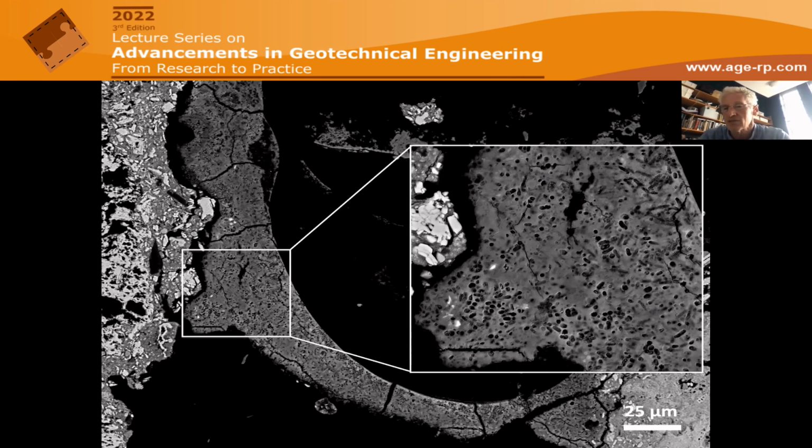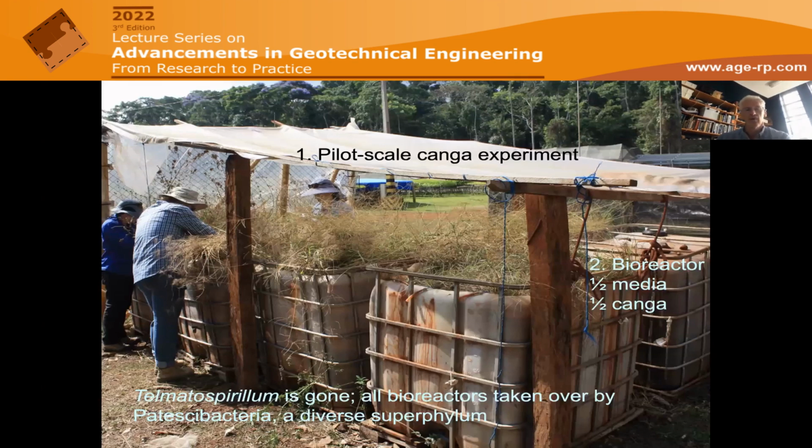The bacteria themselves are still hollow. Some of them may be alive, but they're continuing to oxidize iron to produce this structure and strengthening the material. Got one last experiment to share here.